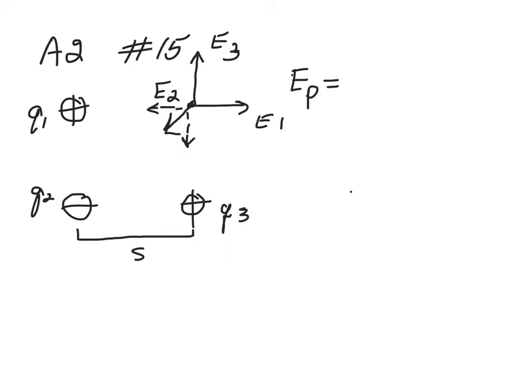is going to be the x component, which is the magnitude of E1, minus the magnitude of E2, but only the x component, so times the cosine of the angle. You see what it is? It's a square, so it's a cosine of 45 degrees. That gives you the x component.